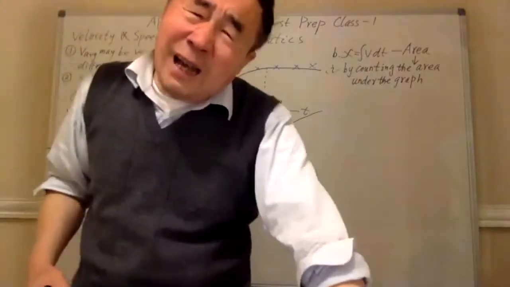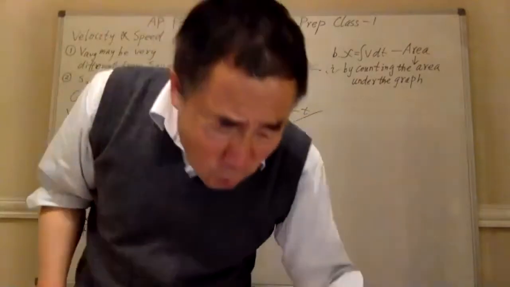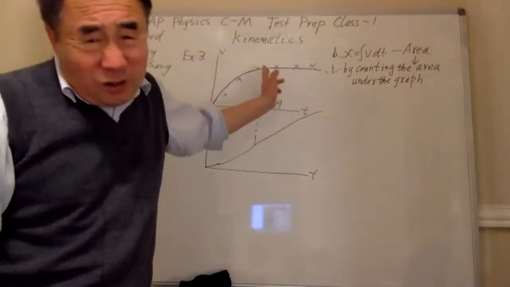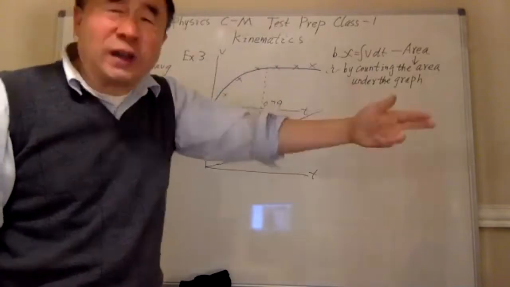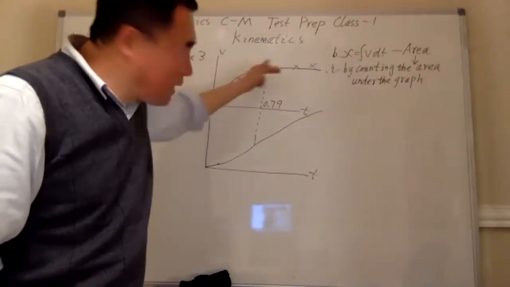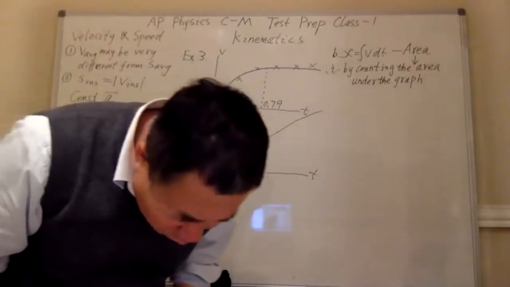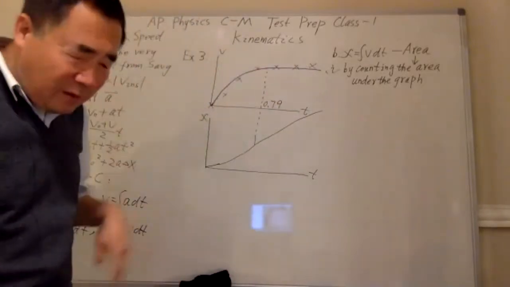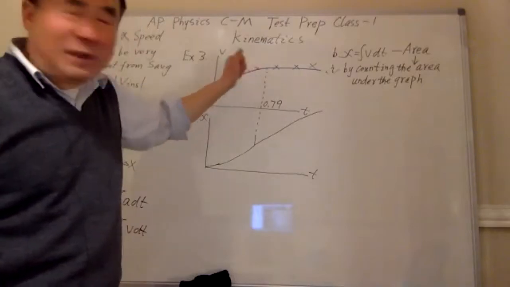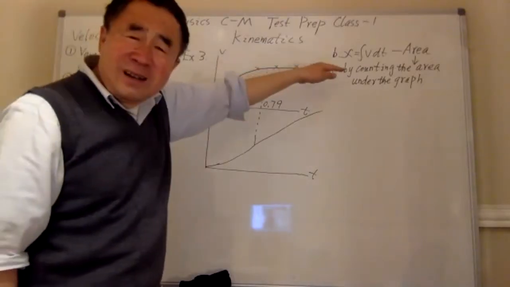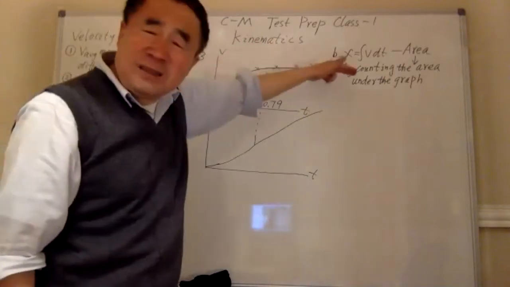Before that, the contact with the spring pushes the glider. They transfer potential energy to kinetic energy. That's why the glider speeds up. But after that, the velocity is constant.